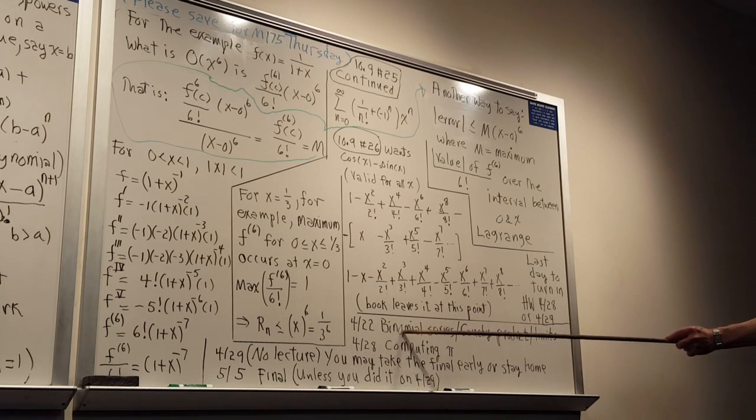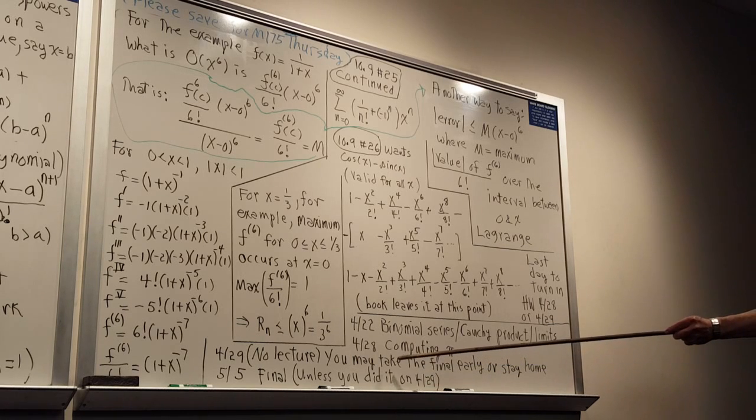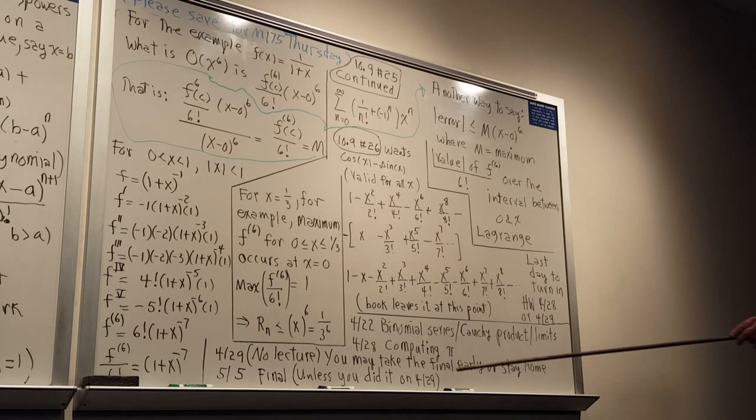Tomorrow we'll do binomial series, the last section in the chapter, and Cauchy product limits. A week from today we'll talk about computing pi, and then a week from tomorrow you can come take the final if you want to take it early and be done with it. If you don't want to, don't show up, and you can come on May 5th, which is 2 weeks from today.